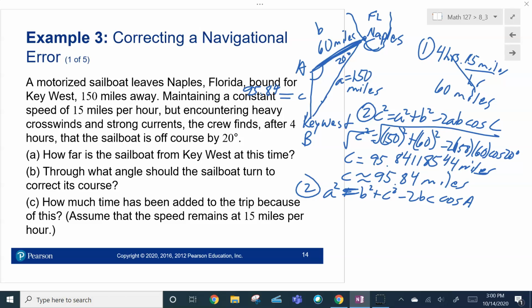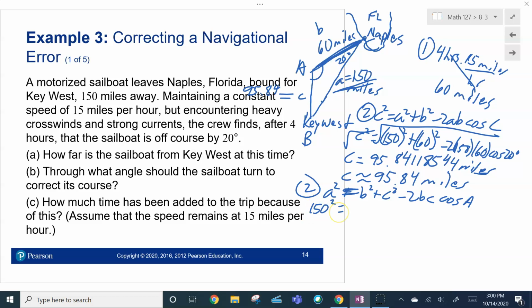Because lowercase a is our longest side, the opposite angle has got to be the largest angle. So I want to use the law of cosines, not the law of sines. You'll end up with an acute angle from the law of sines, and you'll be wrong on that.